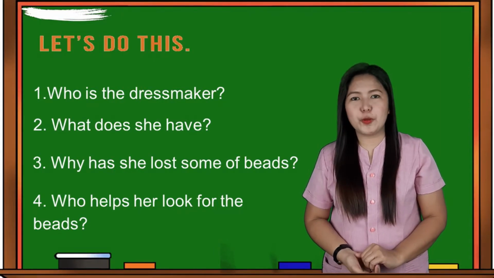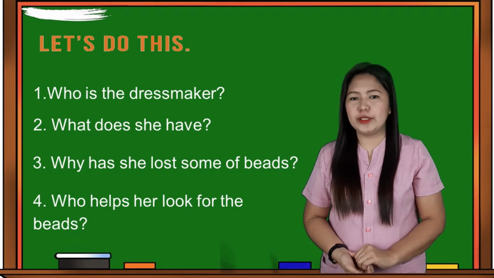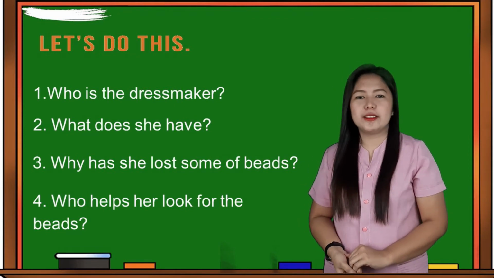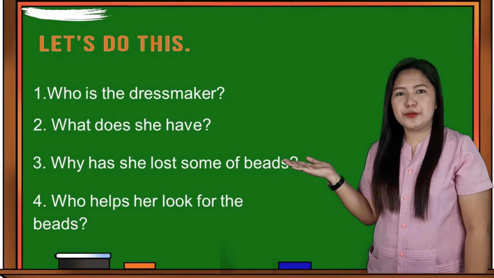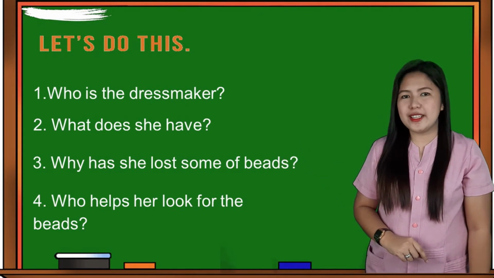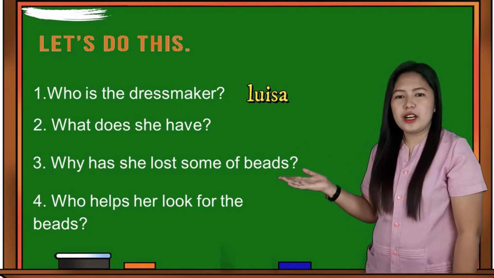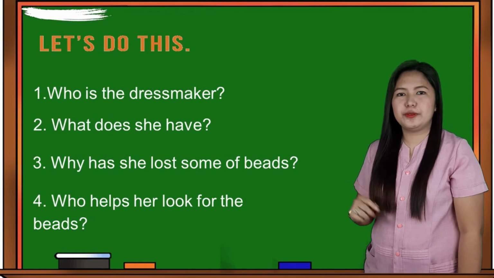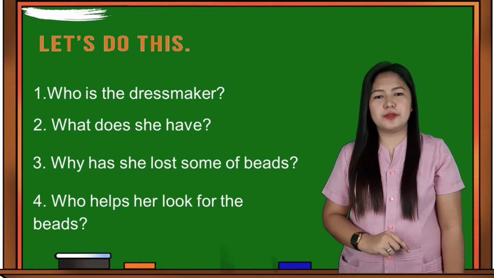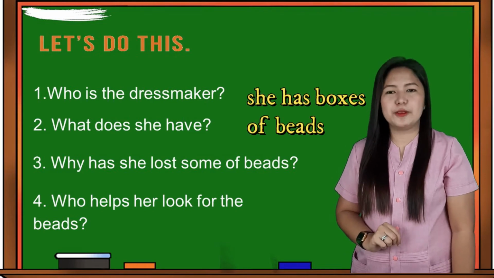Naunawaan niyo ba ang ating word problem? Ngayon ay sagutin natin ang mga sumusunod na tanong. Number 1. Who is the dressmaker? Tama! Ito ay si Luisa. Number 2. What does she have? Tama! She has 4 boxes of beads.